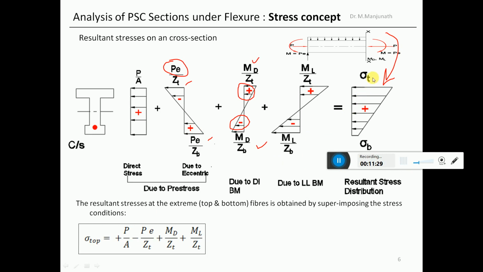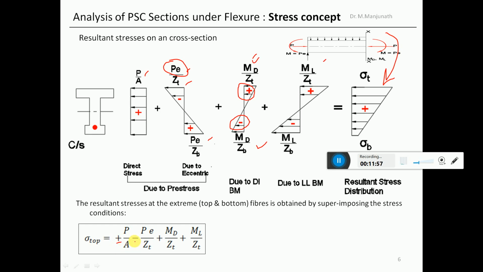So the stress in the top fiber is given by this expression, which happens to be the summation or superposition of all these forces. And as we see here, due to the prestressing force, this is compression at the top fiber.